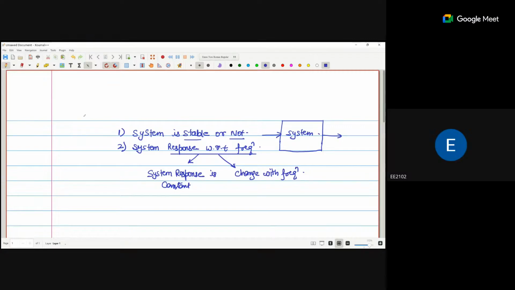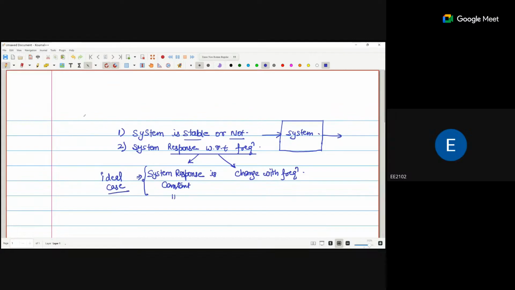Generally, if I am taking any system, the system response is not constant. We are considering that case only as an ideal case. Why is the system response not constant?